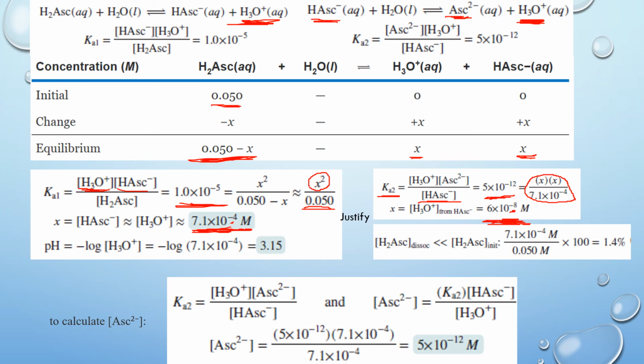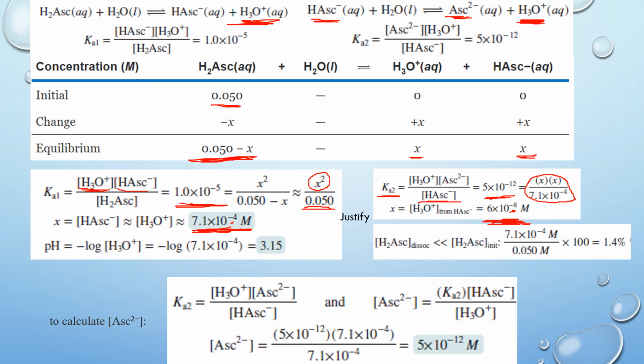And then for the percentage, we can use this 0.6 times 10 to the negative 8 divided by 7.1 times 10 to the negative 4. I didn't do the calculation, but you can do it, and you're going to see the percentage is way less than 5%. And then I can justify my second assumption.